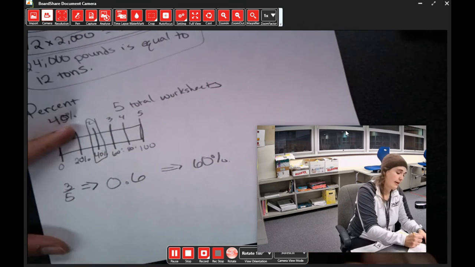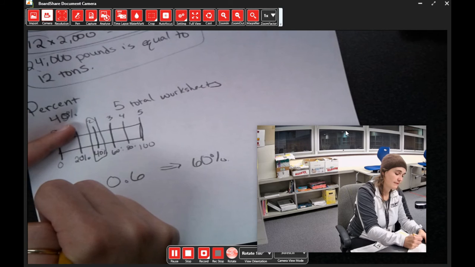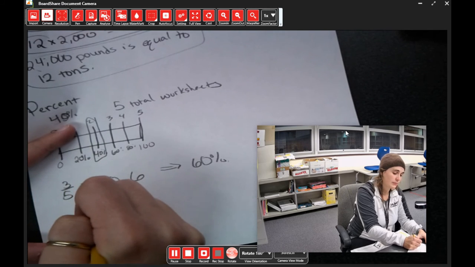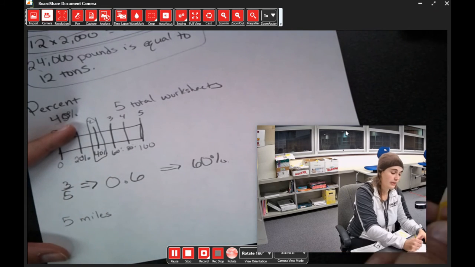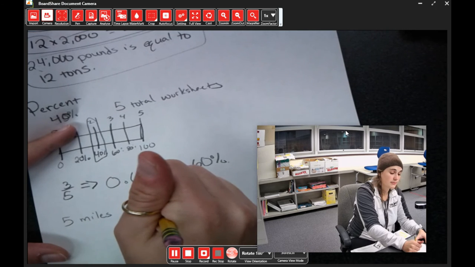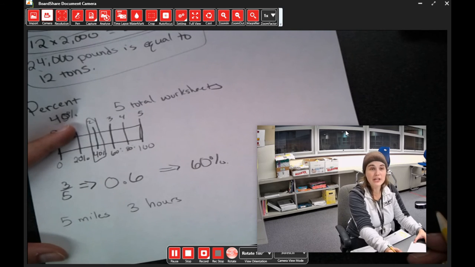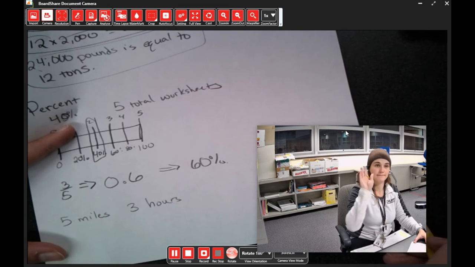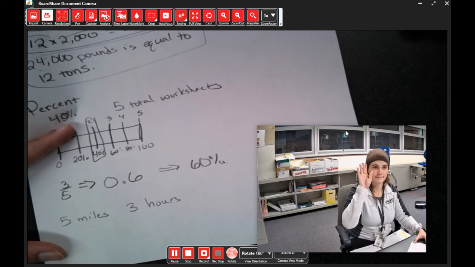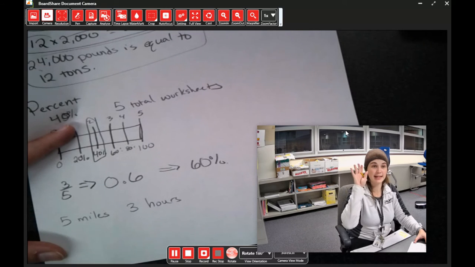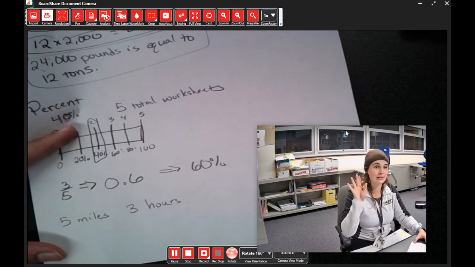Rate. If I can run 5 miles in 3 hours, I'm a very slow runner, then I can run at a rate of what? What are my units going to be? This is my raise hand signal, so I'm assuming that we've paused the video and someone has answered.